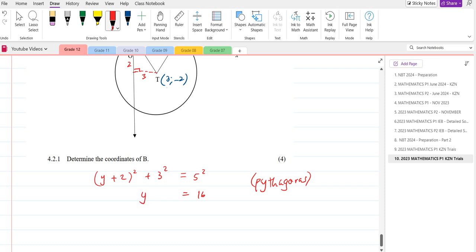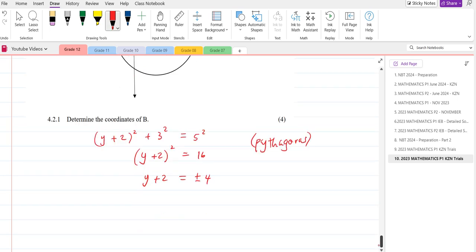So we got y plus 2 all squared is equal to 16. So y plus 2 is equal to plus or minus 4. Now if you take the value of 2 over, you're going to get 4 minus 2, which is 2, or minus 4 minus 2, or y is equal to -6. So this is not applicable. So the coordinates of B will just be 0 and 2. I hope you guys understood that. Right, so nice question.